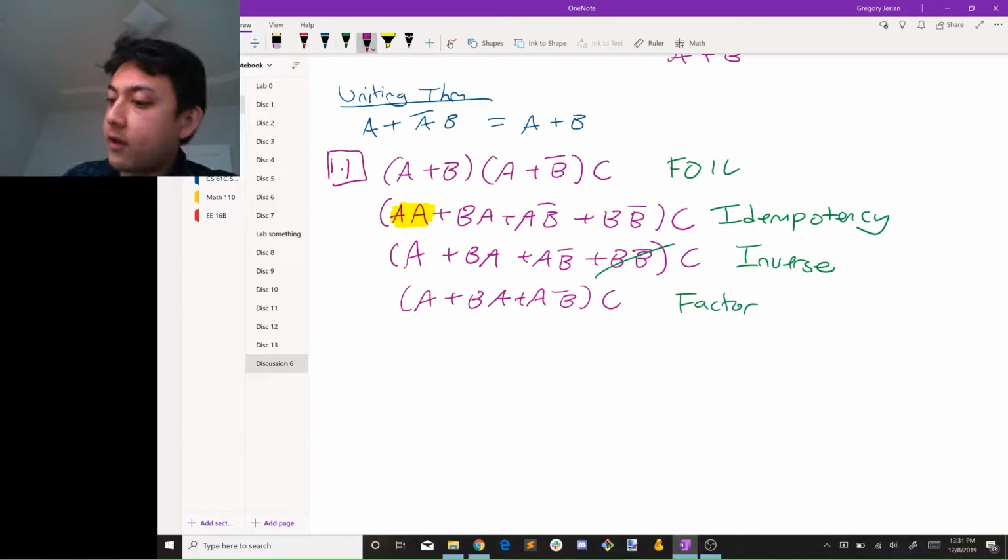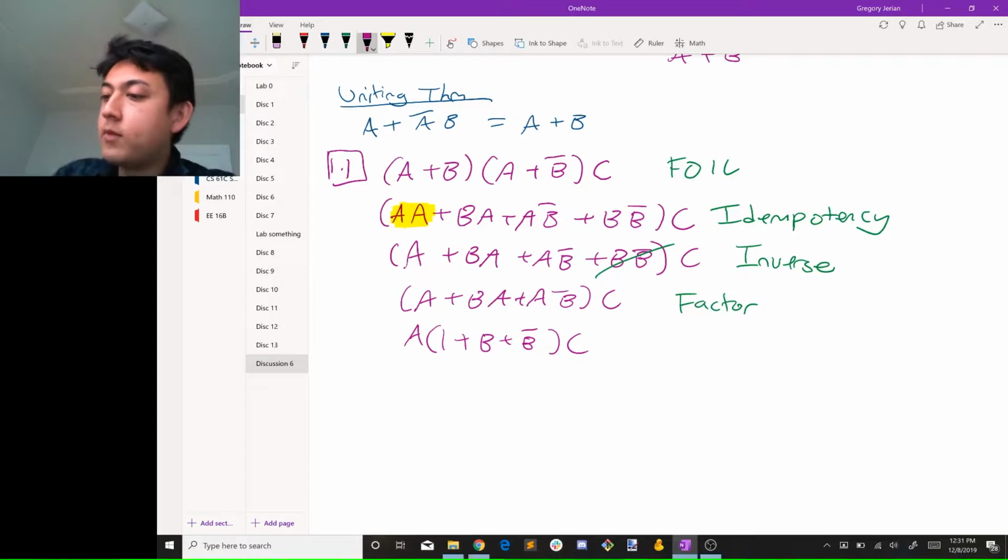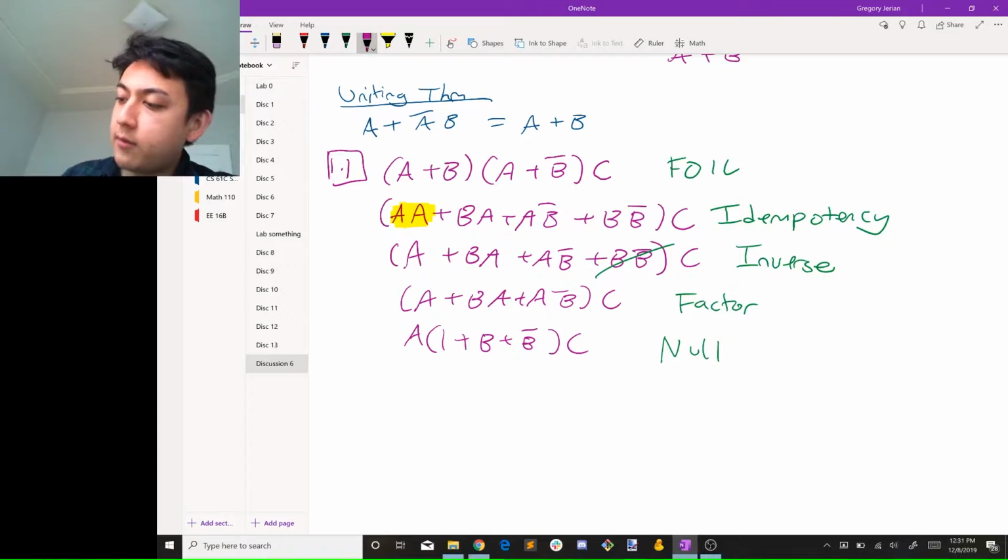So we'll take out the A and we'll get A and (1 or B or not B), all and C. We'll notice that everything in this parentheses is equal to 1, and the reason for that is the null property. The null property says that 1 or a bunch of stuff is just 1. So let me get that written down, null, and this whole thing becomes A and C. Okay, so that's our final answer.